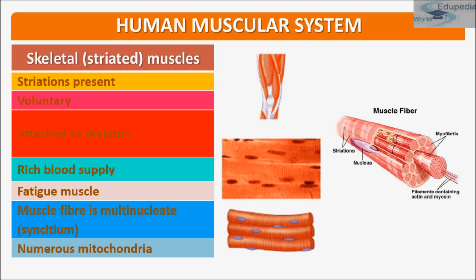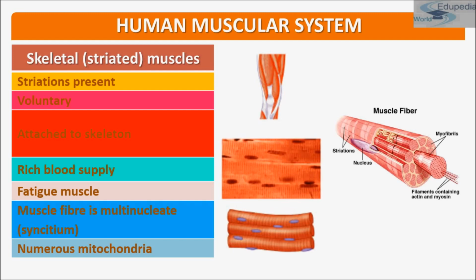Skeletal muscles also have the ability to stretch or contract and still return to their original position. Okay, and a question may arise: why are skeletal muscles known as striated muscles? You may say that it is due to their appearance.